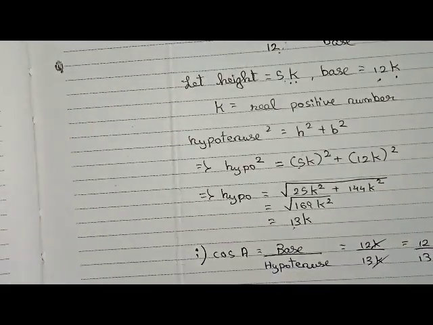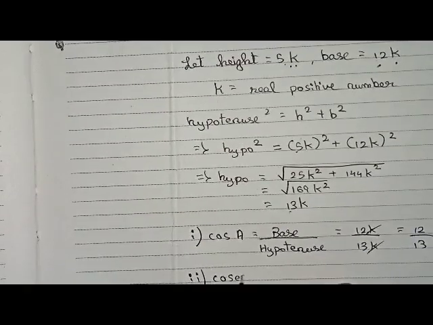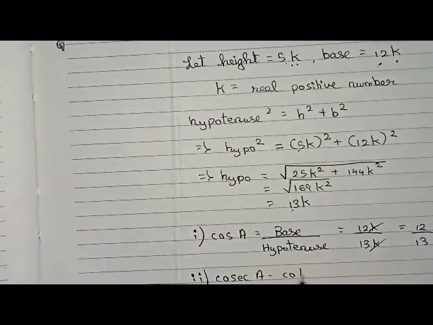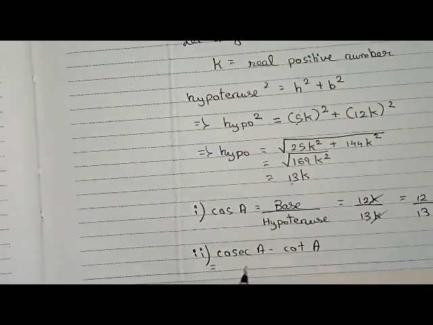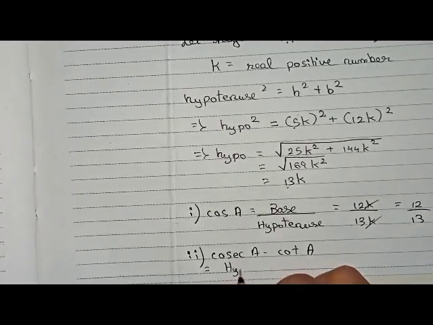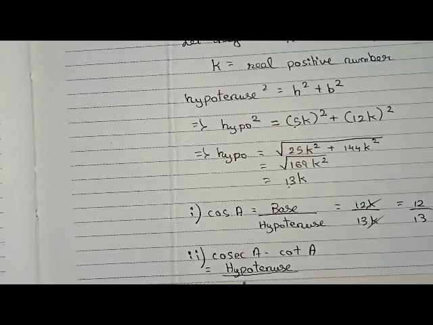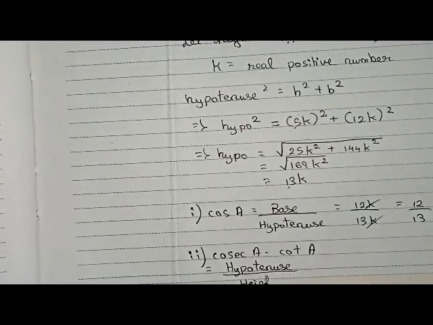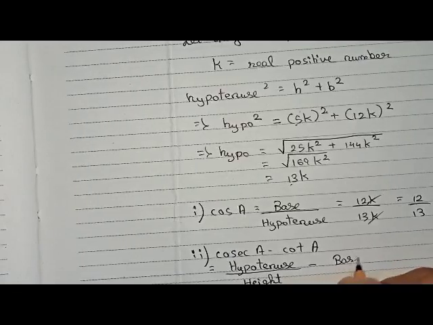Now number 2. It is given cosec A minus cot A. So cosec means hypotenuse by height, minus cot A. So cot means base by height.